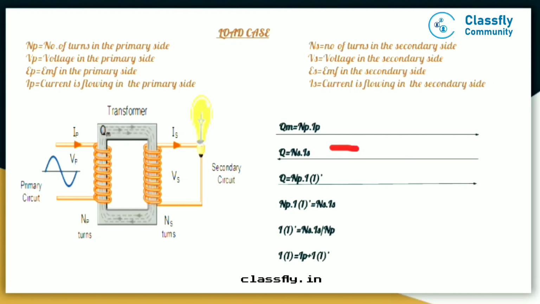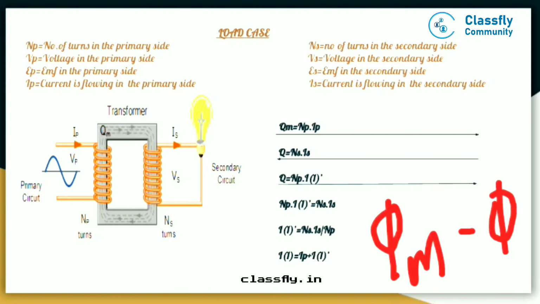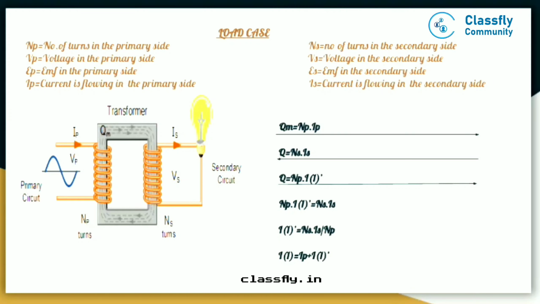But now there is phi M and also this other phi, so it becomes phi M minus phi. To maintain that phi M, we need another phi, which will move from primary to secondary. For that we will take another current from the primary side to maintain our phi.